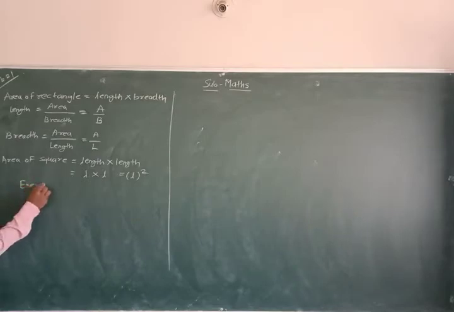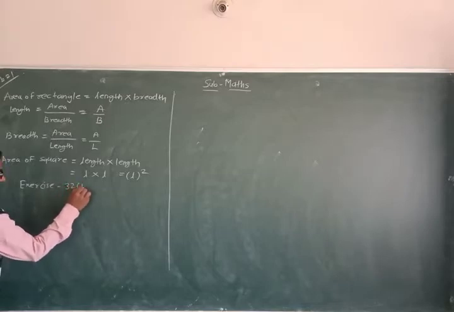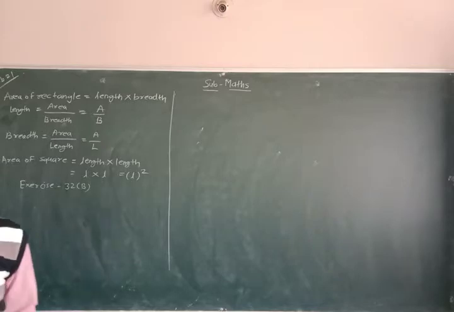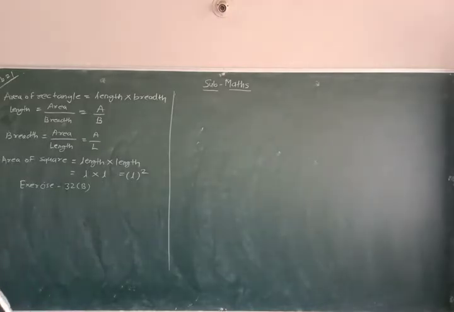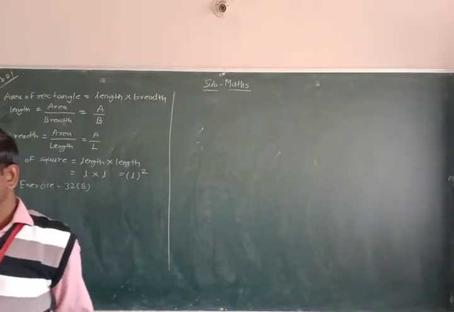Exercise 32B. First, find area of rectangle whose length and breadth are given.